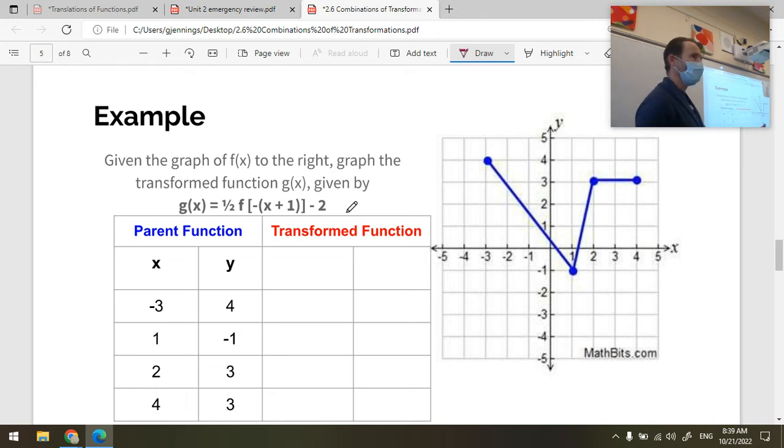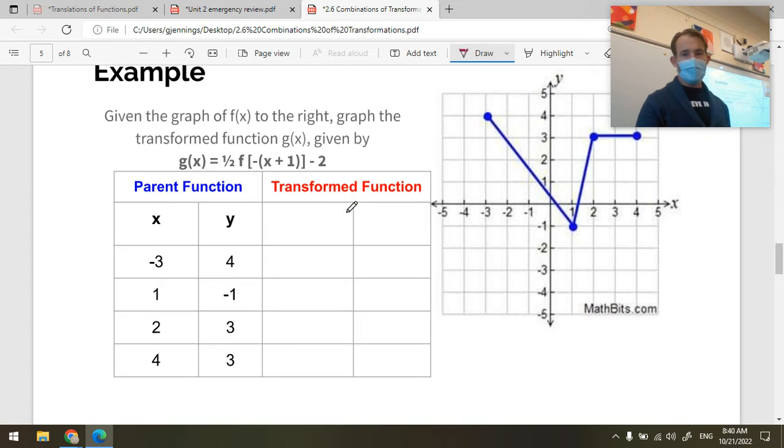We could define an equation with piecewise functions, saying it's a line that goes from -3, 4 down to 1, -1, and then that's that part of the domain, and then after that it's this line, and then after that it's that line. But ain't nobody got time for that, to create 3 different equations and then transform each one separately. It would still work though. I'm not going to do that though. I'm just going to work point by point.